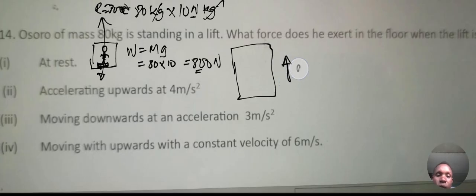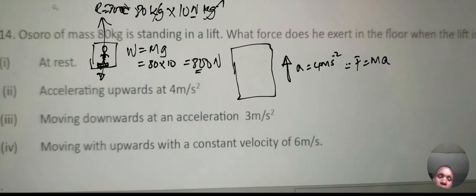So if the lift is now moving upwards, the acceleration will be a equals 4 meters per second squared. This acceleration will have a force given by ma, and this force is acting on the feet of this gentleman.